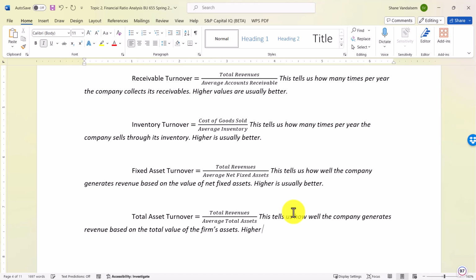You can have an odd situation where an increasing value for fixed asset turnover and total asset turnover can actually be a negative thing for a business. So for example, a few years ago, when Sears was facing its demise and going downhill pretty quickly, the fixed asset turnover ratio for that company was actually going up.